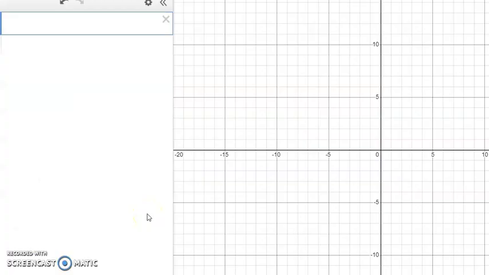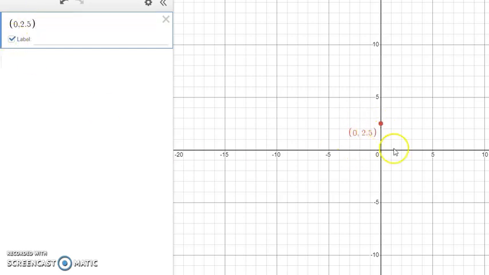So remember, Desmos.com. So our first coordinate we're going to graph, when we graph this on our graph paper, is 0 and 2.5, and we label it. That is our y-intercept. Remember, our slope was up 3, so that'll get us up to 5.5, and then right 4.